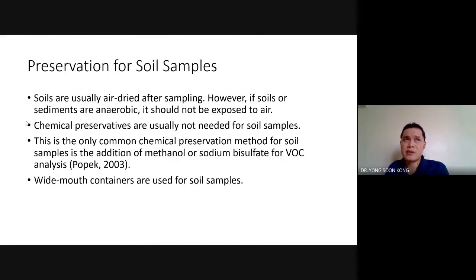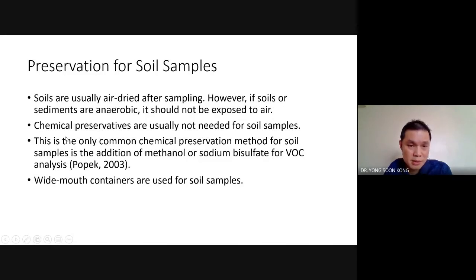If it's in the US, you have US EPA. In Malaysia, you have DOE. DOE has different guidelines, and their preservation sometimes might be different. Although generally they are very similar, they might differ in the quantity and also some difference in handling.